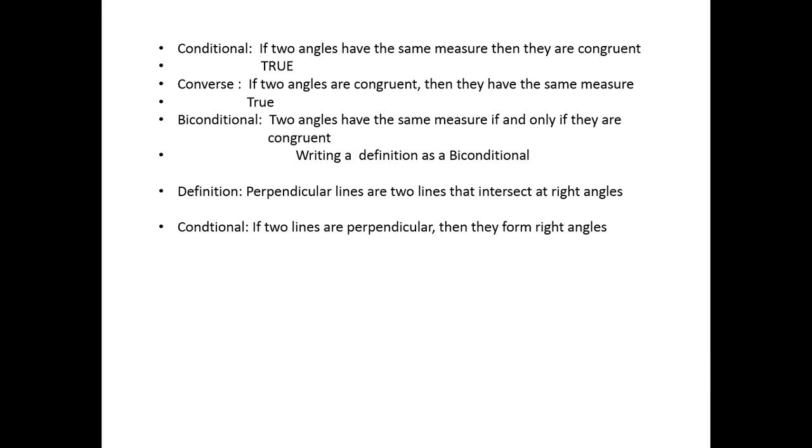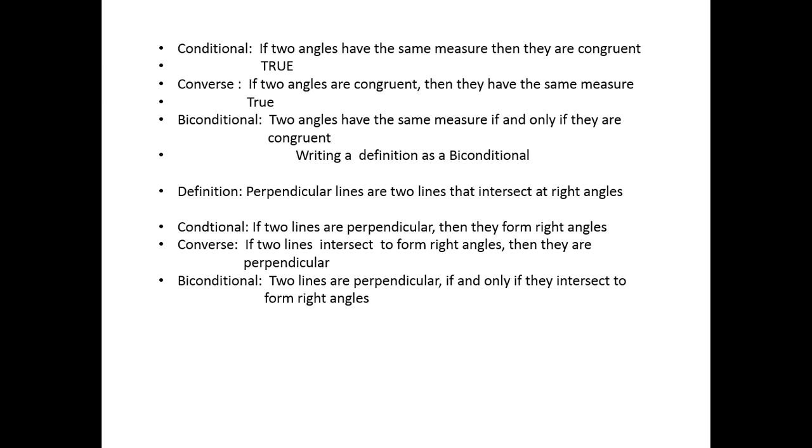If two lines are perpendicular, then they intersect at right angles. The converse: if two lines intersect to form right angles, then they are perpendicular. And the biconditional: two lines are perpendicular if and only if they intersect to form right angles.